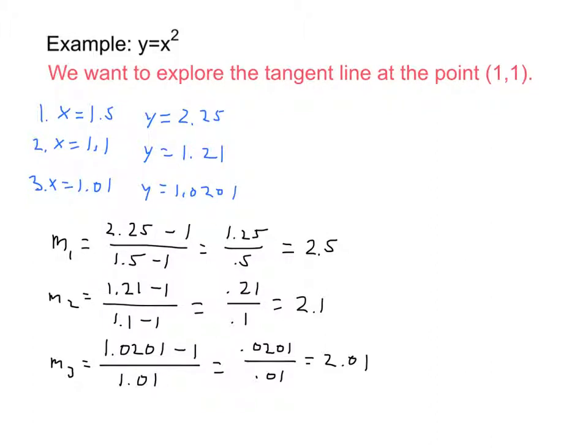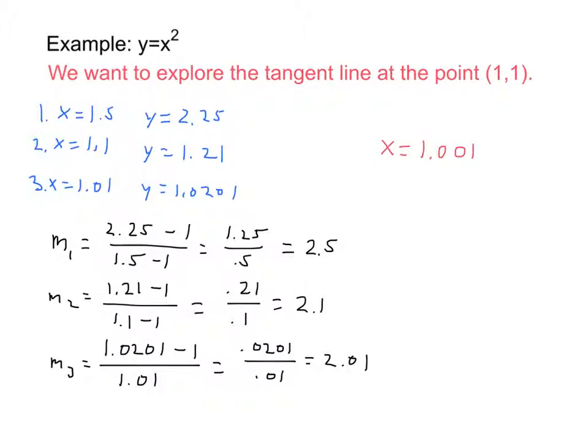What we can do is confirm that by finding a fourth one. So we're going to let x equal 1.001, even closer to 1.